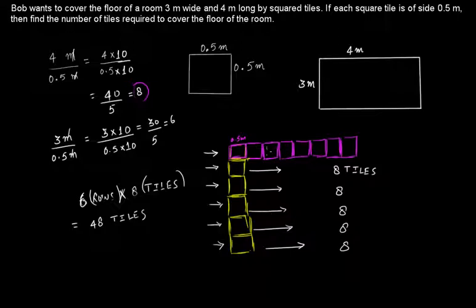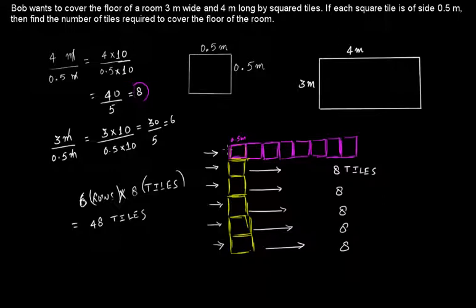I'm again repeating. This is a square tile, and this is a rectangular floor. Divide the length of the rectangular floor by the side of the square tile. That will tell you the number of tiles required along the length of the floor. Divide the width or breadth of the rectangular floor by the side; all sides are equal.